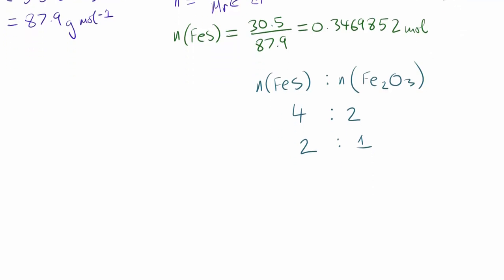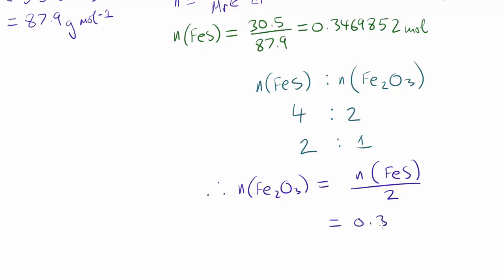So what we can say is that therefore the moles of Fe₂O₃ is equal to the moles of FeS divided by 2, right? Which is equal to, in this case, 0.3469825 divided by 2, right?